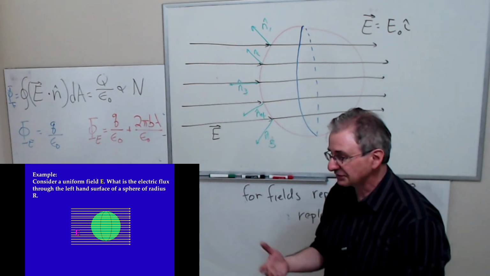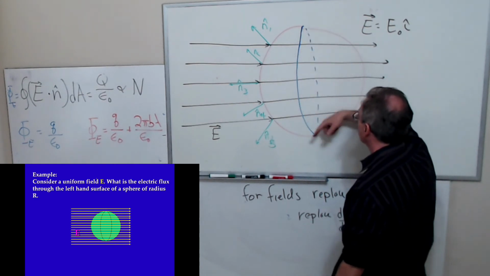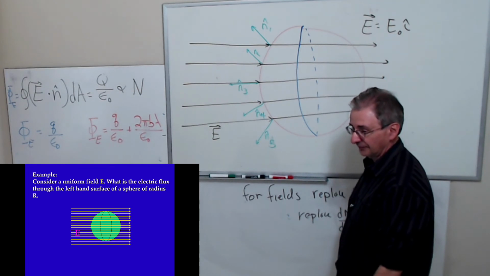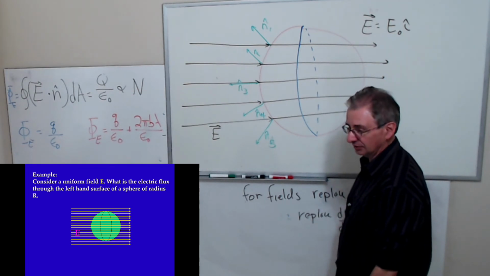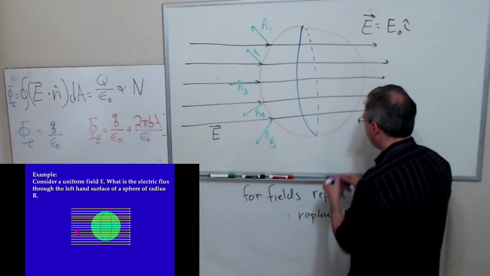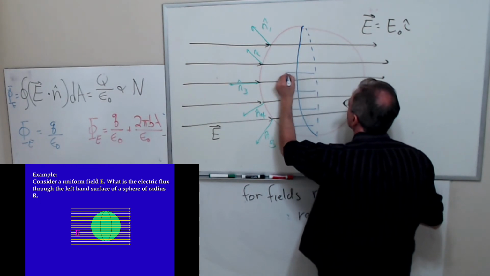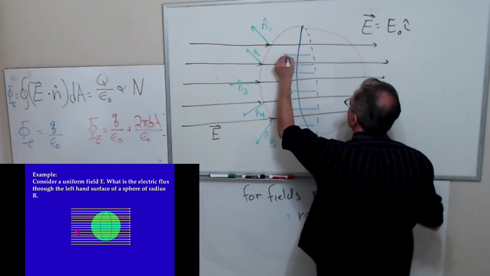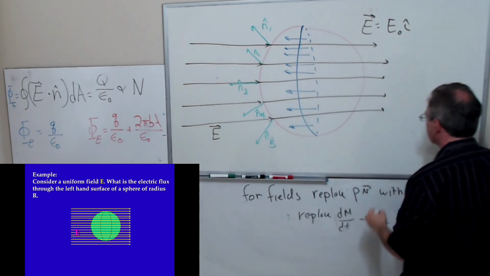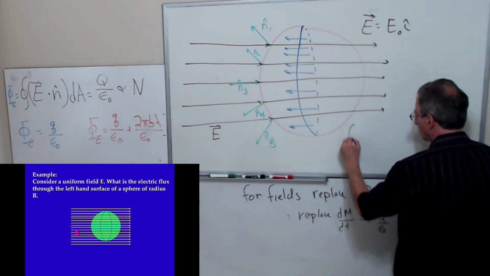So let me ask you, is the normal to the surface that goes through the great circle of the sphere in the same direction? In fact, the normal here always points towards the left. So the integral, if I just do the integral over this surface, I'm done.